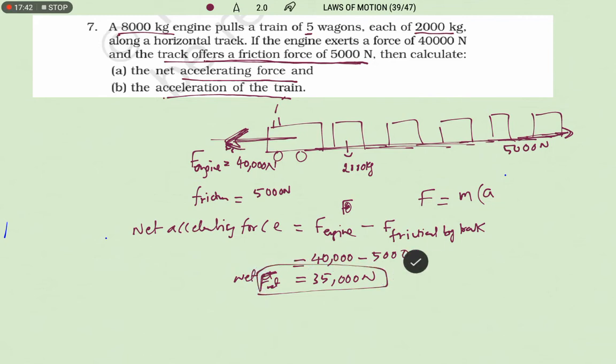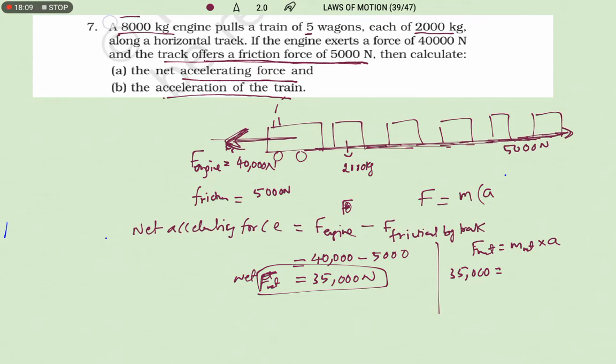So acceleration of train, F net is equal to net mass into acceleration. So net force is what? 35,000 newtons is the net force acting, because we are removing that 5,000 newtons. Right, 35,000. What is the mass? Net mass.